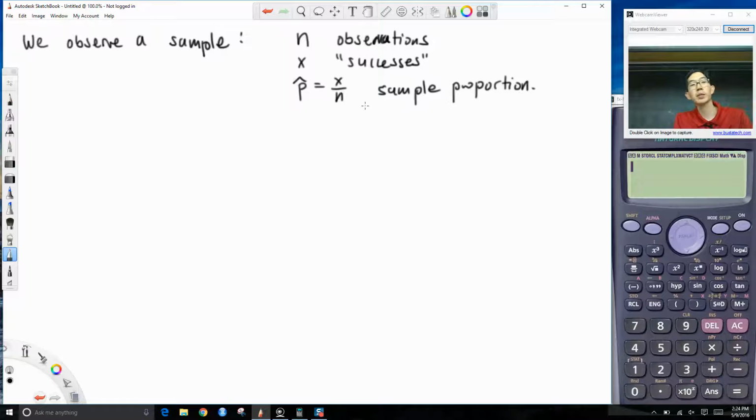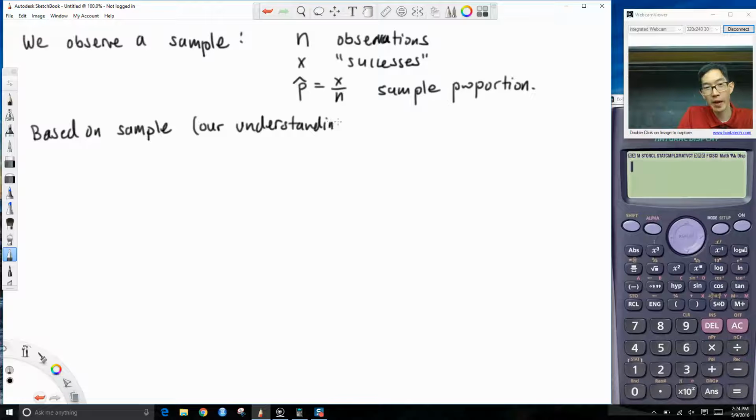And based on the sample and our understanding of the central limit theorem, let me just write CLT.